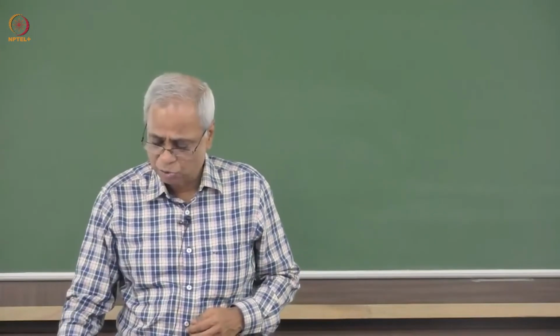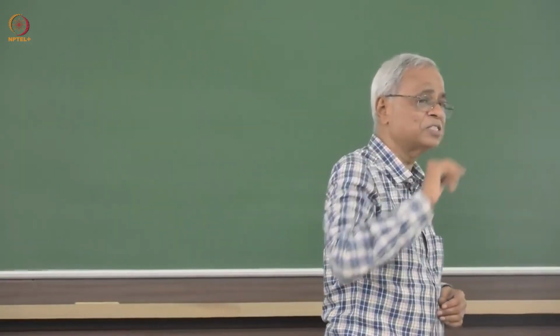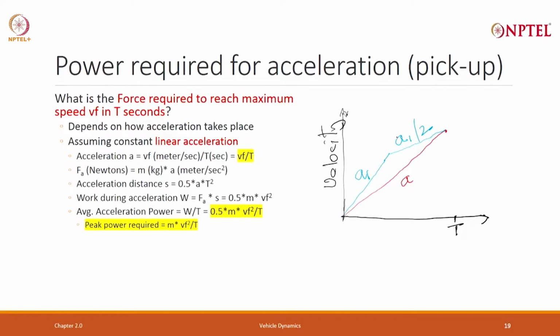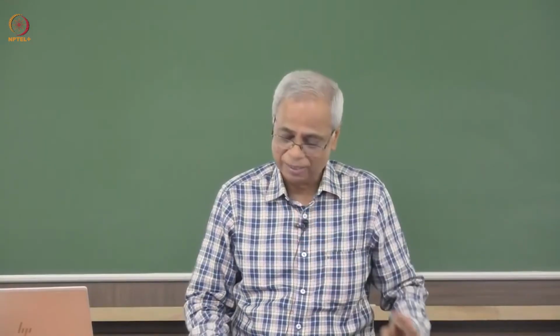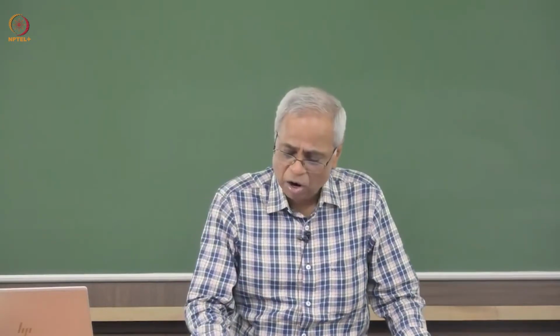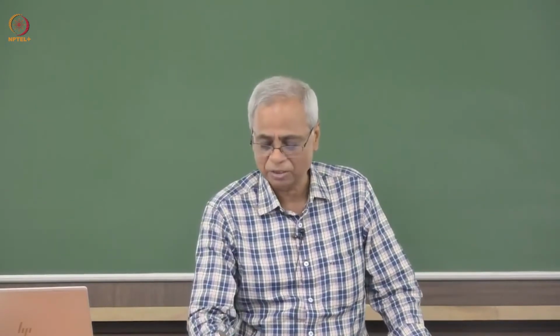So, can I actually go faster, with higher acceleration in the beginning? Why? Because my power requirement will be small. The force required will be higher, but the power requirement will be small because velocity is small, and later on I travel with lower acceleration.